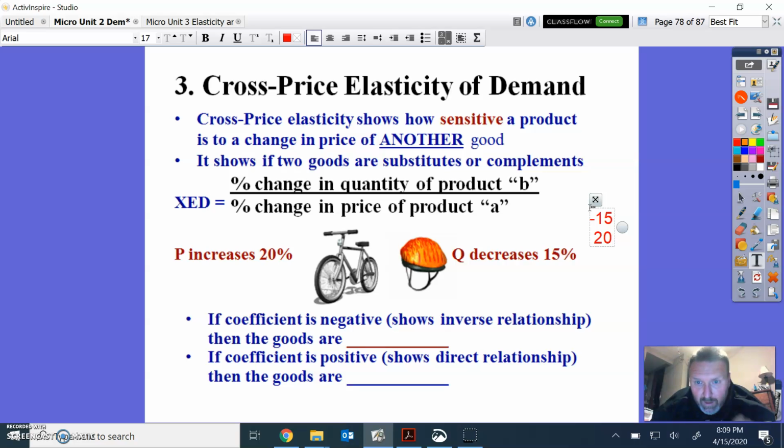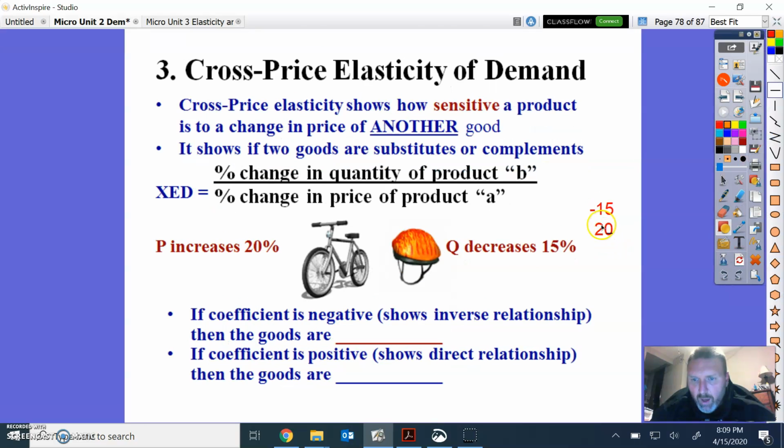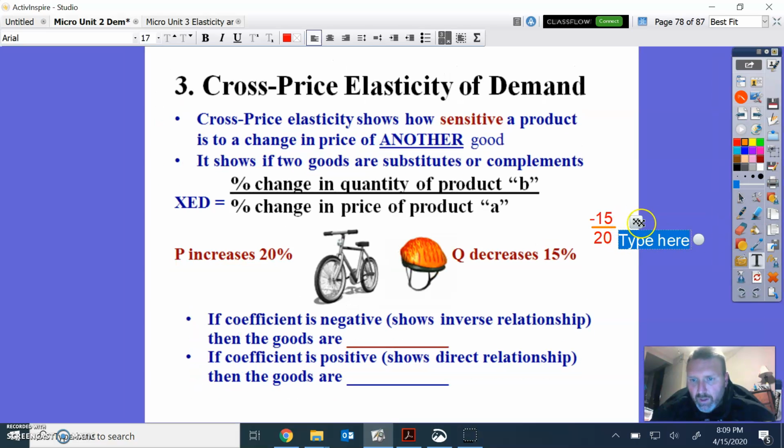Before, the positive and negative didn't really matter. Here, it's a bigger deal. So you put 15 over 20, guys. You know that that answer is going to equal 0.75. It's 3/4, but it's not just 0.75, it's negative 0.75, okay?